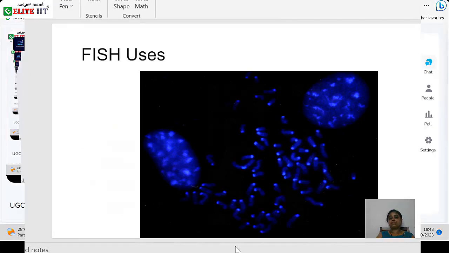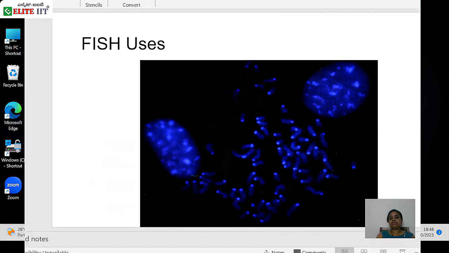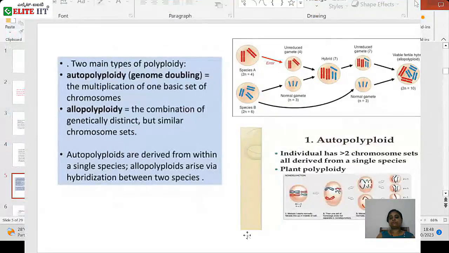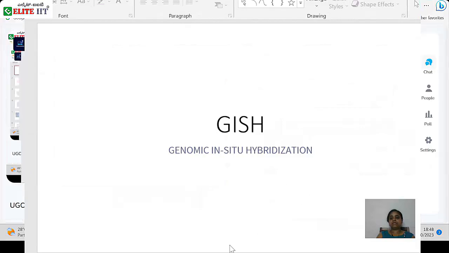Fluorescent in situ hybridization is actually focusing on chromosome. Now I'm going to talk about the GISH method. GISH is genomic in situ hybridization.